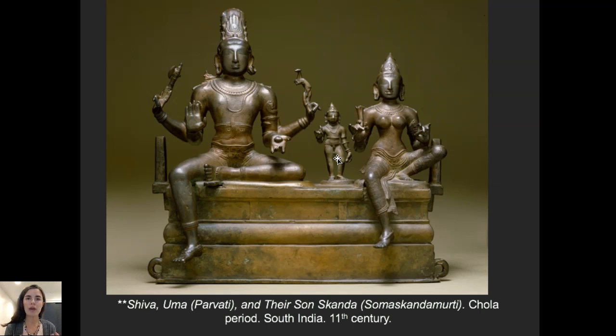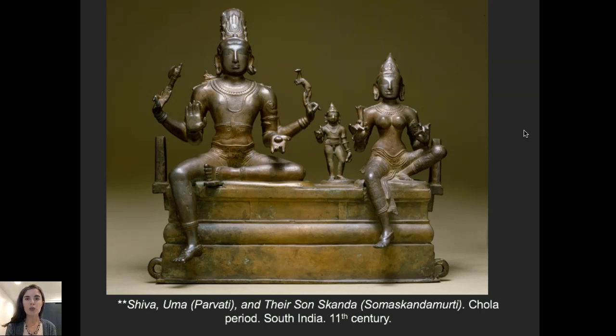But something to point out, even though both these figures are very important and very prominent, and both are exemplifying ideal roles of husband and wife, it's clear that the wife is very secondary to the husband. You can see that she's much smaller in size. Her beauty is highlighted.